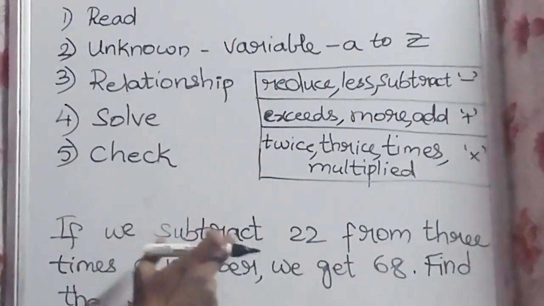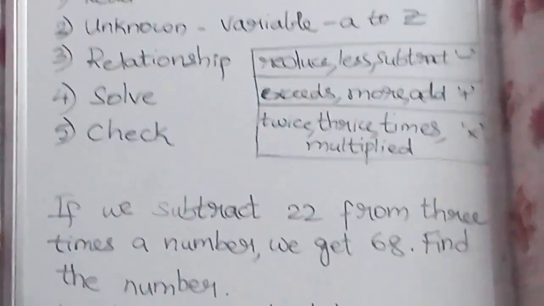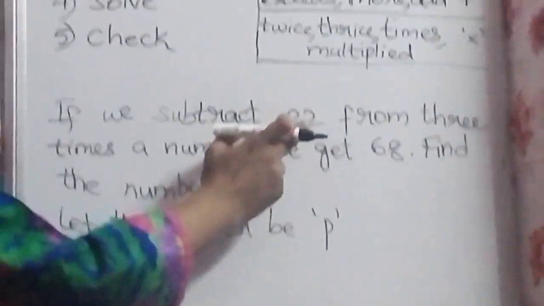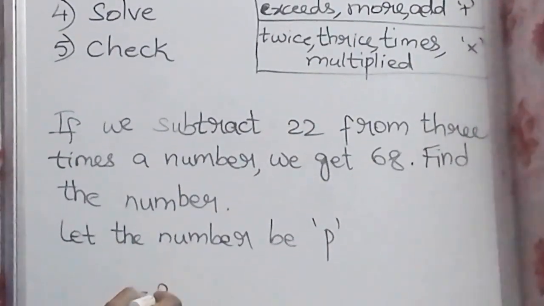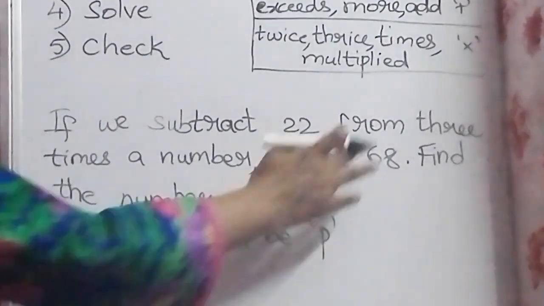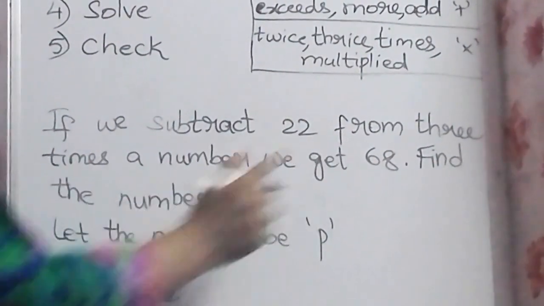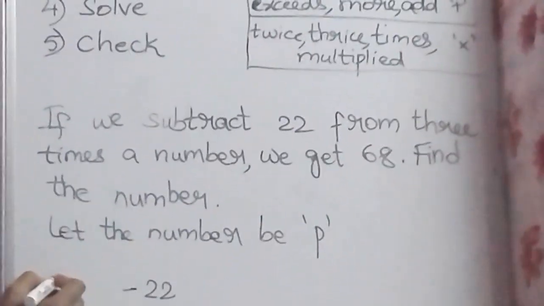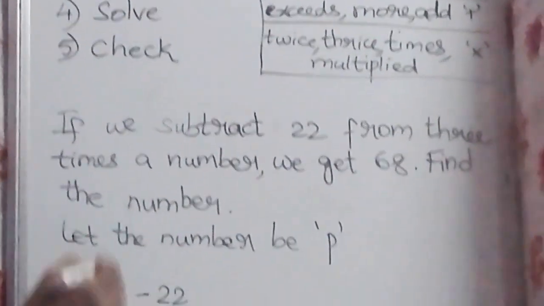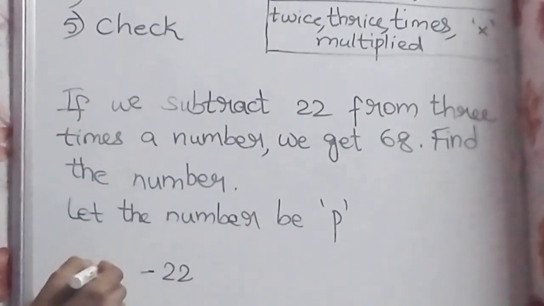If subtract is there, we should write minus 22 from 3 times. Whenever times is there, what should we do? Multiplication. So 3 times a number.